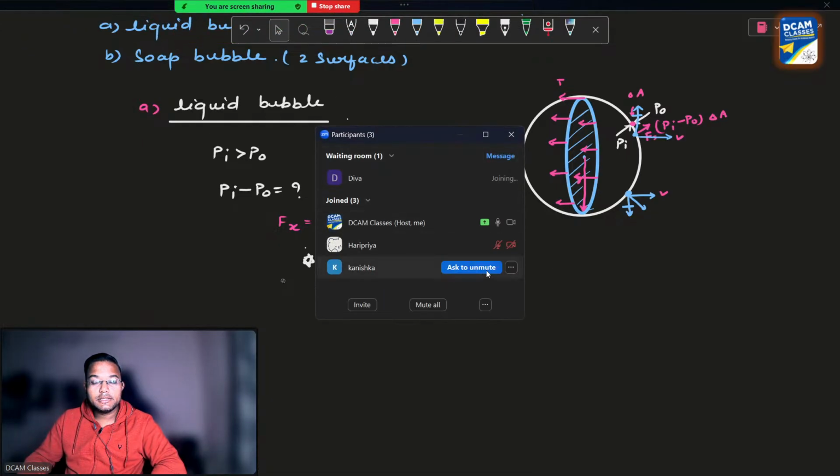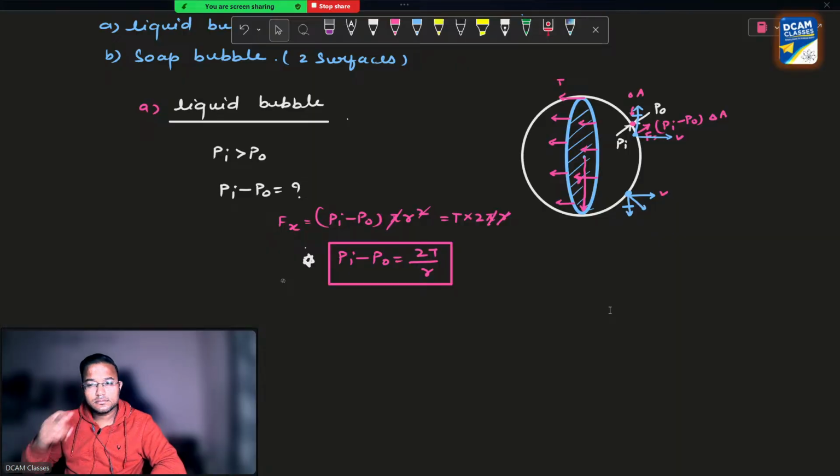Sir, for a bubble, shouldn't there be two surfaces? For a liquid bubble, there is one surface. For a soap bubble, there are two surfaces. Why? You can observe yourself. A liquid bubble you won't be able to see easily because you won't find the bubble; only when it is popping will you see it.